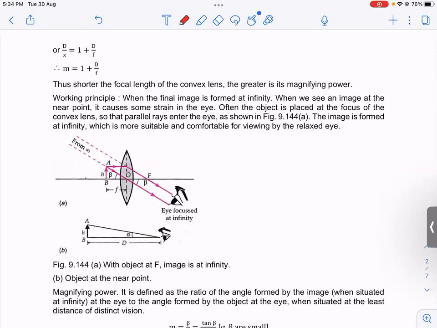Now, the second objective is I want the image to be formed not at the near point, I want it at the far point. Any reason why we need to do it at the far point?